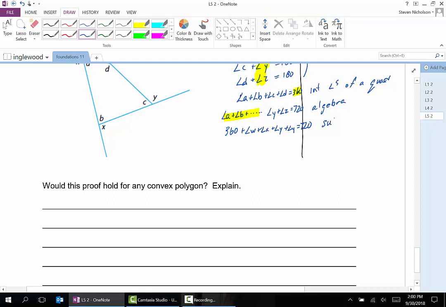And basically all I did was I substituted. I put 360 instead of that. So finally we get what we want. When we move the 360 to the other side, we get what we want. And again, I'm just going to call it algebra. We subtracted 360 from both sides. So there we go.